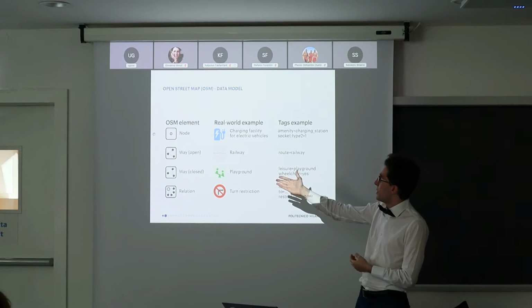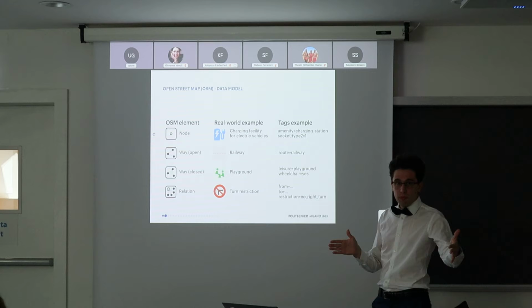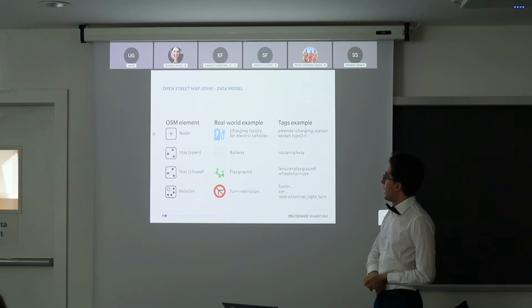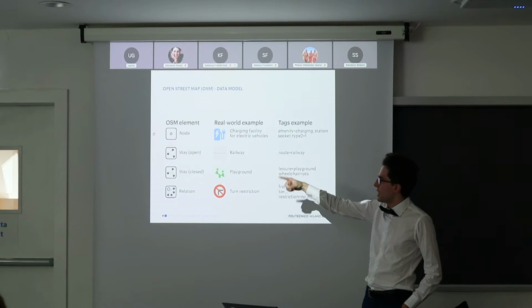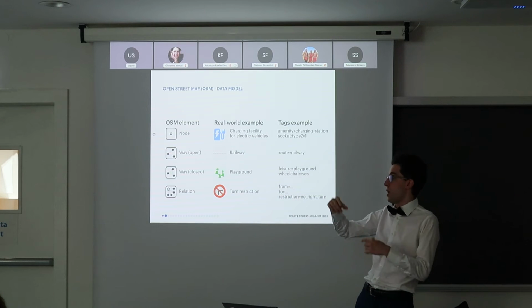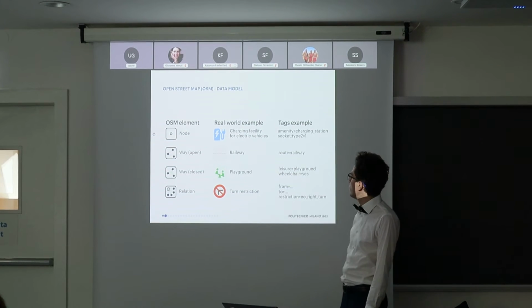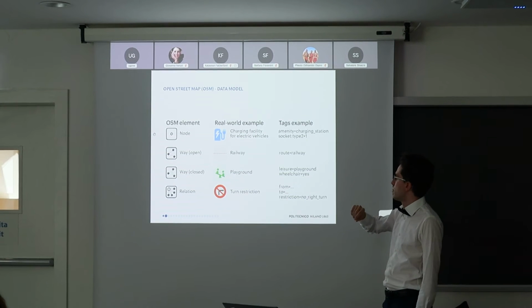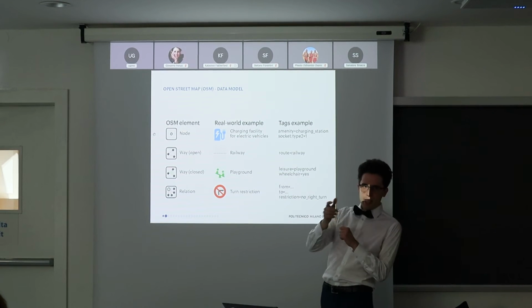Then we have ways, which are made by an ordered list of points, of nodes, like a railway, a path, but they can also be closed. So the last point matches the first one, that means that we have an area. It can be a building, a playground, it has some other attributes, and then we have a relation, which is something slightly more complicated.